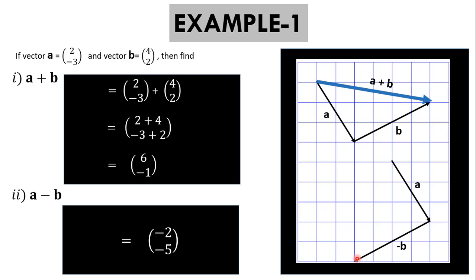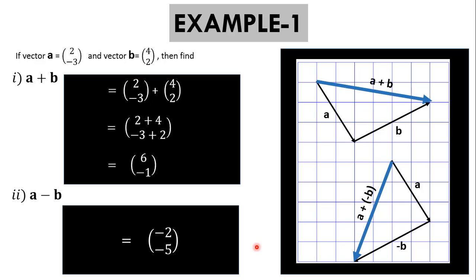And its resultant is going to be this one, starting from the initial point of A and ending at the terminal point, meaning the end point of minus B. So how much is the resultant vector moving? Look, in the x component 1 2, in the y direction 1 2 3 4 5, negative 5. So see the result over here. This is how we represent these vectors graphically.